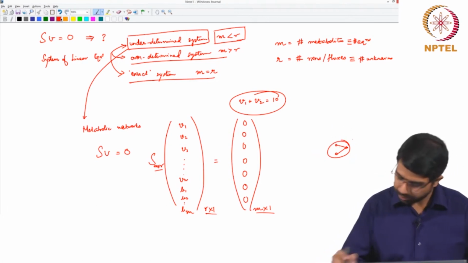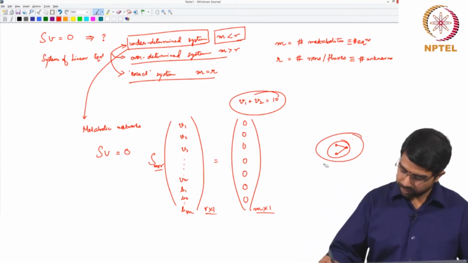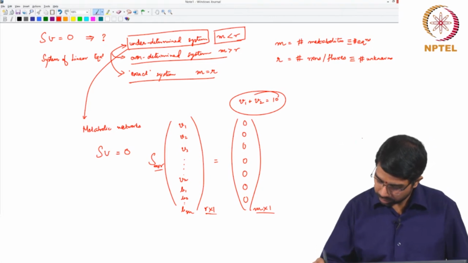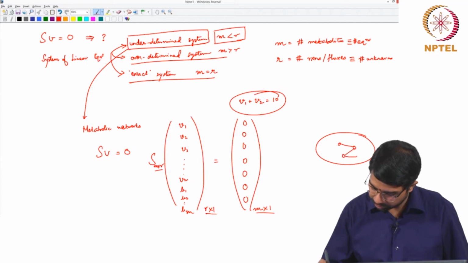Think of a cell, you have several internal fluxes, internal reactions.